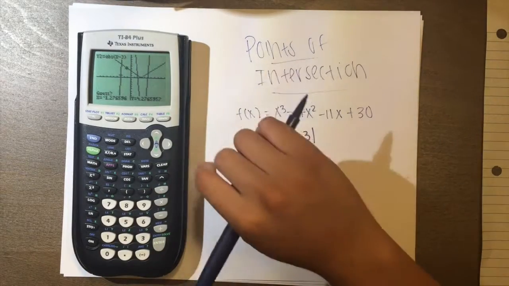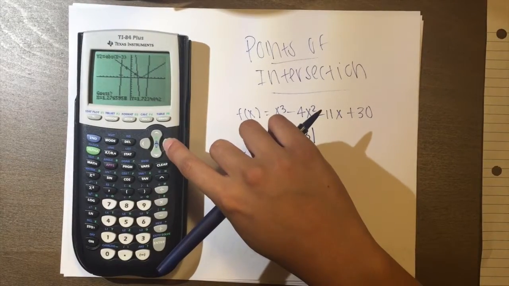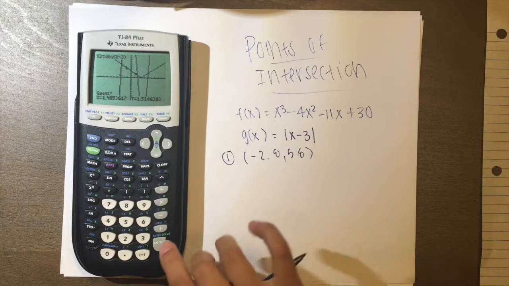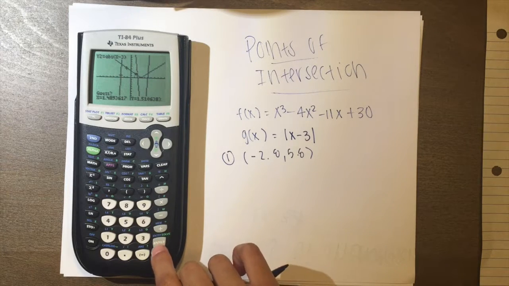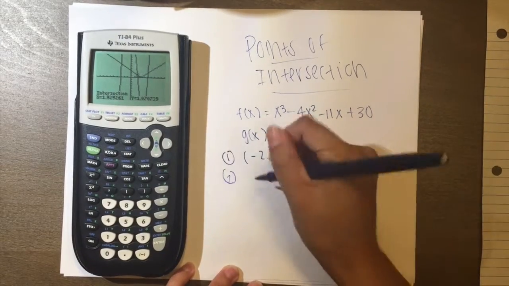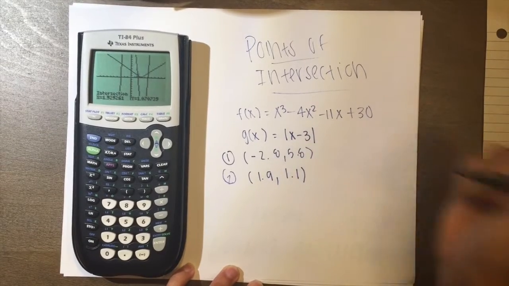And for the guess portion, remember we have to move the cursor closest to our target intersection point, which I would say is fairly close enough. We press enter, and so our second intersection point is at about 1.9 and 1.1.